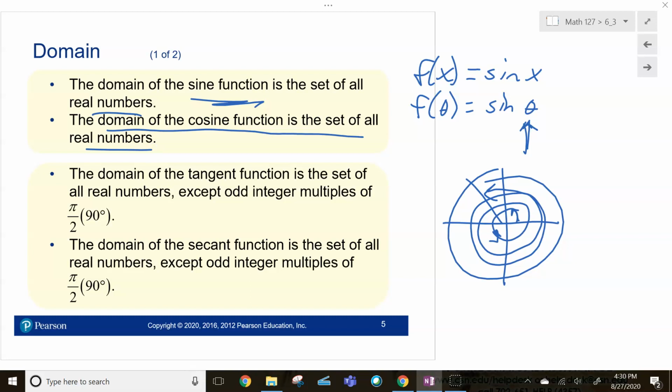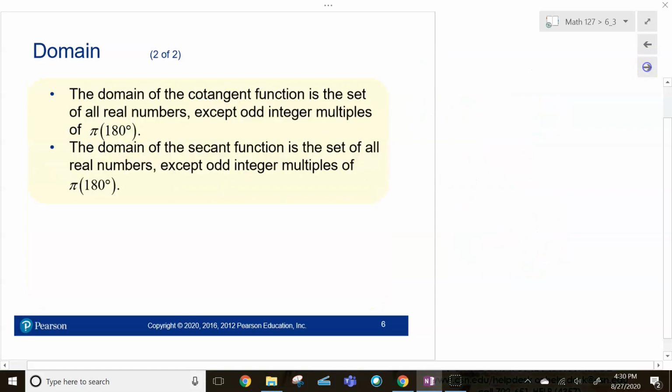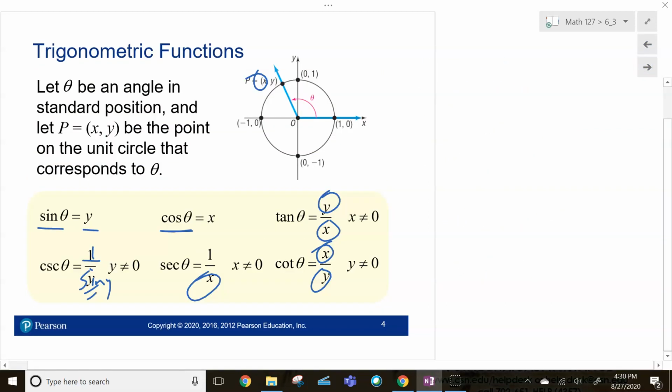Now the output, once you take the sine value, wherever you're at, the sine of an input, that's your y value, right? So that output is going to be between 1, that's the highest value, and -1, that's your lowest value.